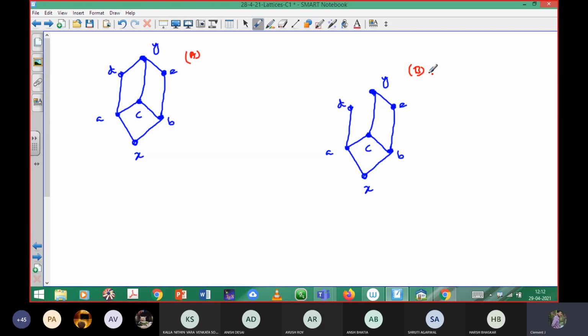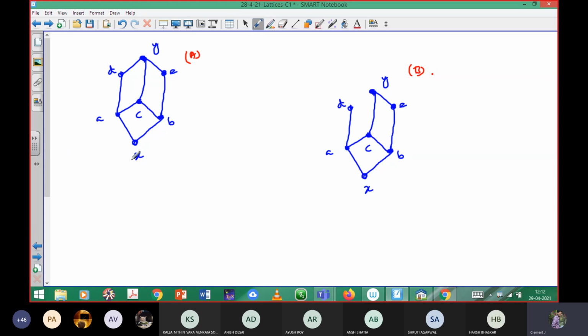Sometimes they will give the set. Your duty is to draw the Hasse diagram first and then you need to check. Even though they provide the set alone, your ultimate task is to first construct the Hasse diagram properly. Then it will be an easier process to determine whether the GLB and then LUB exist or not. You can easily check that.